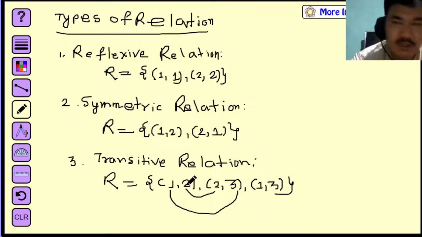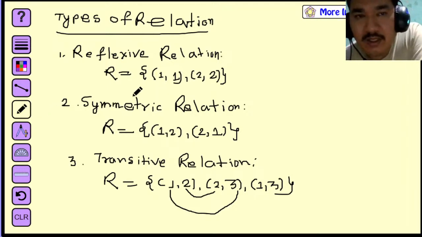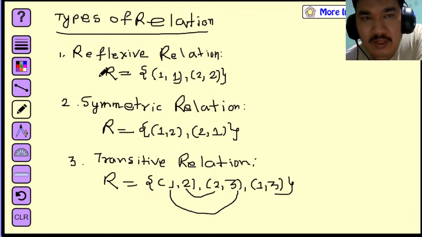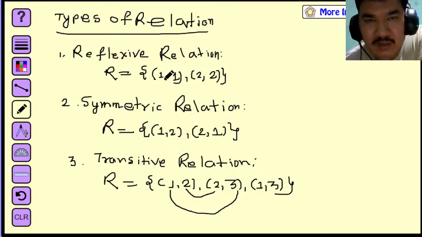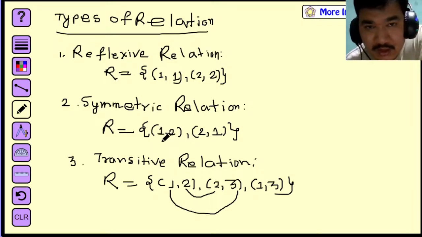From this it will be clear about the relation. The types of relation are what? Reflexive: here (1, 1), (2, 2), both are the same, x component and y component the same. Symmetric: (1, 2), (2, 1), its ending is the starting and its starting is the ending.